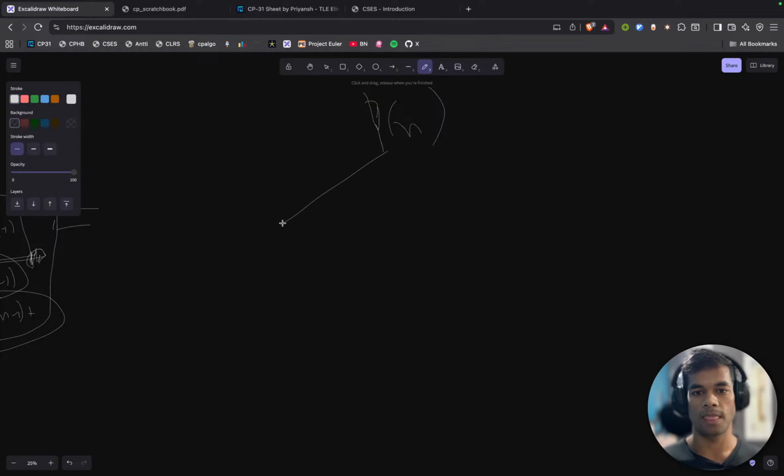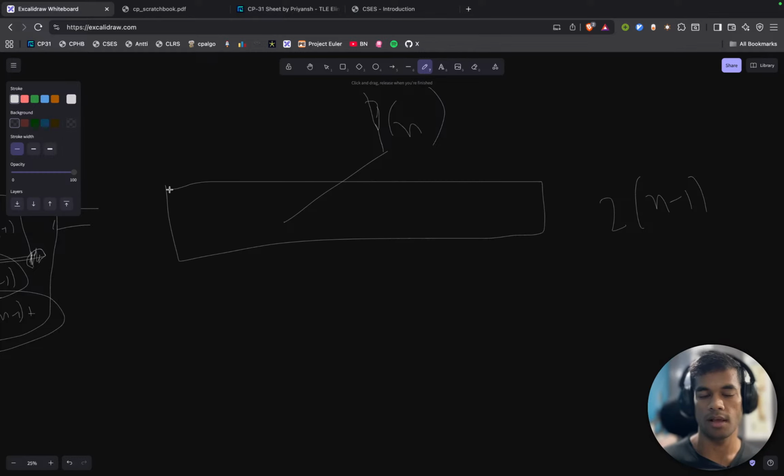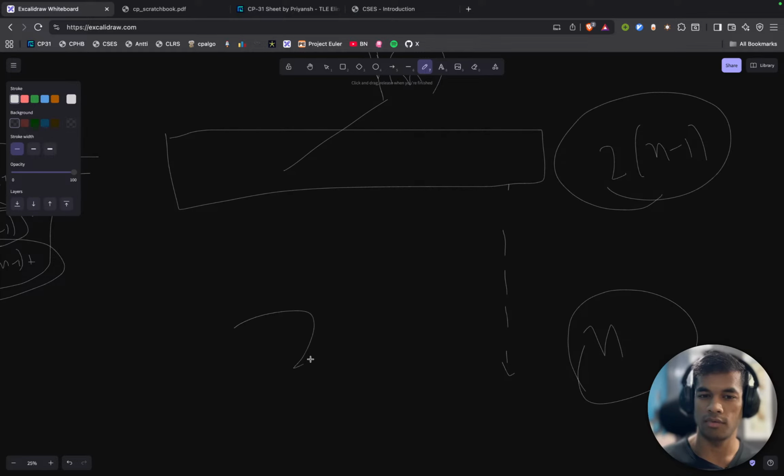P n is going to make in total 2 into n minus 1 calls on this layer. And how many layers are there? Since it is being reduced by 1 every time, we could say that there are n layers, and in each layer we have 2n times. So kind of like 2n minus 1 into n.